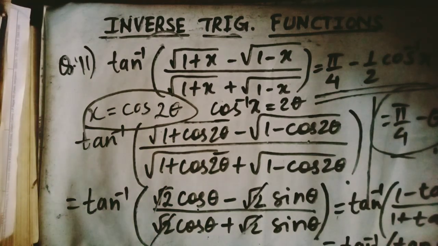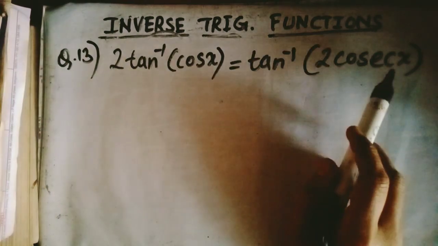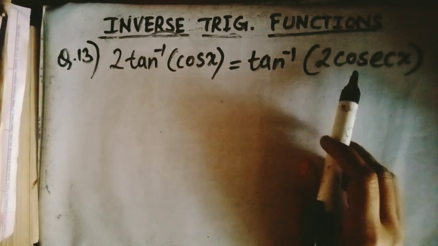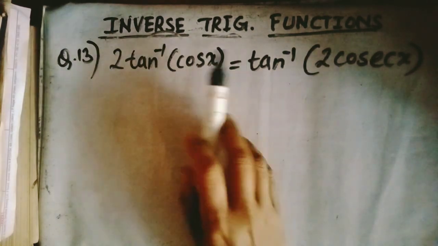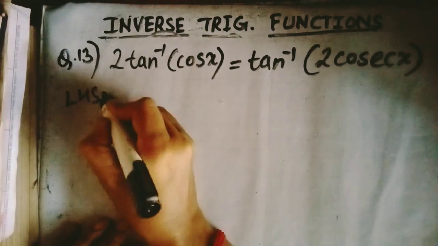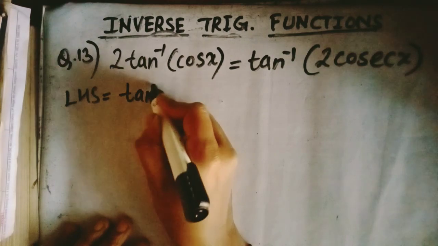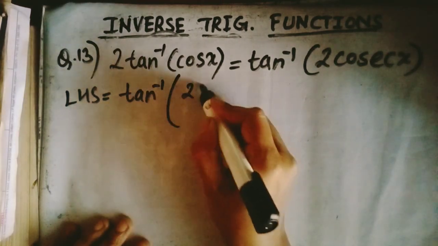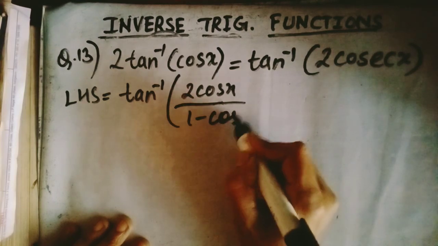Okay, next question: 2 tan inverse of cos x equal to tan inverse 2 cosec of x. Here you can consider this cos x as x, so 2 tan inverse of x. Using the property you will get tan inverse of 2 cos x upon 1 minus cos square x.